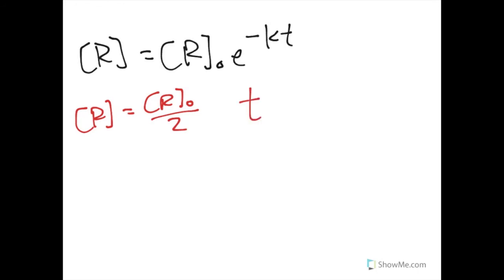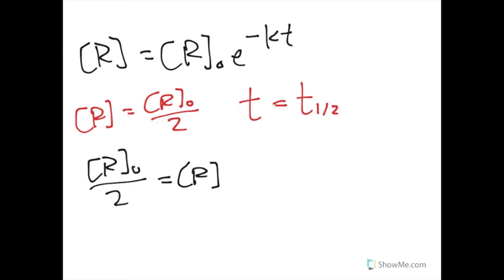And at this time, we're going to call it T 1/2. This is the half-life. So now we can write R naught over 2 is equal to R naught e to the minus k T 1/2, and we will be solving for this time, this half-life.